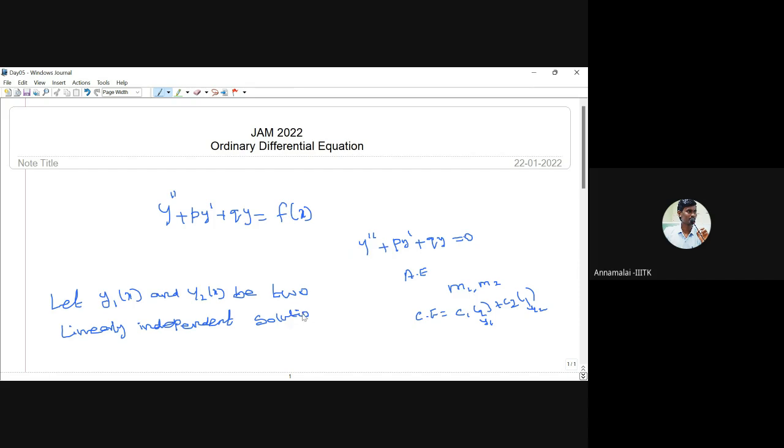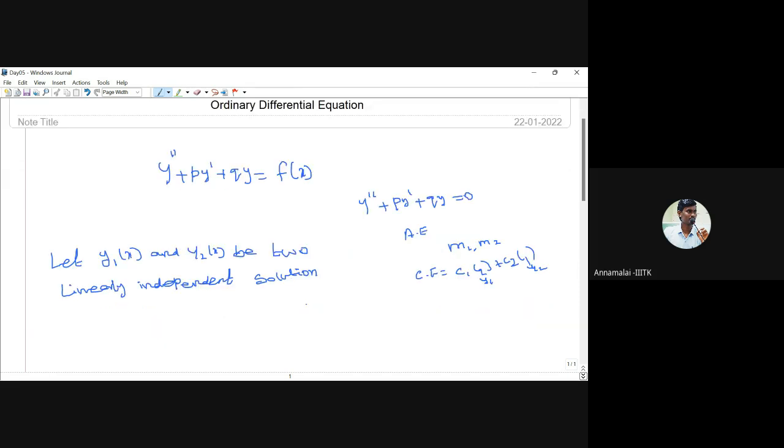I will state the definition of how to check whether two functions are linearly independent. We have to introduce the Wronskian.